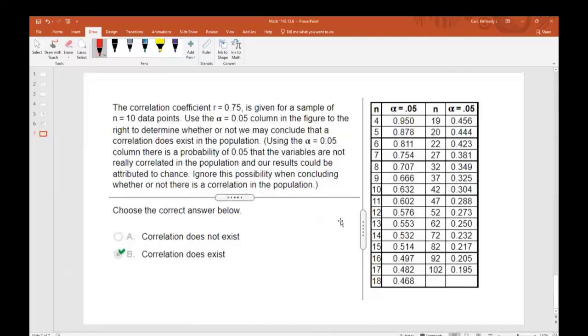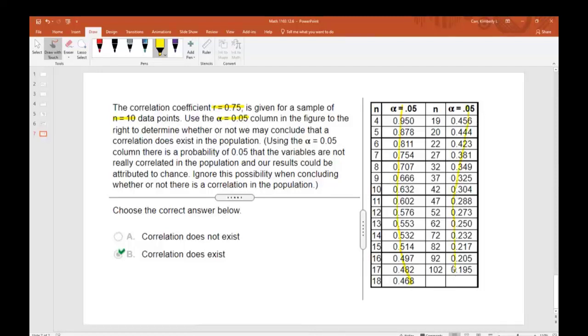Okay, so let's look at a particular homework problem then. It's kind of blurry because I just copied and pasted, but this was a homework problem. Then I clicked to open the chart, and this is what it looks like. Going through this problem, the correlation coefficient is given, n is 10, and alpha is 0.05. That's very common. It doesn't have to be 0.05, but that's common.